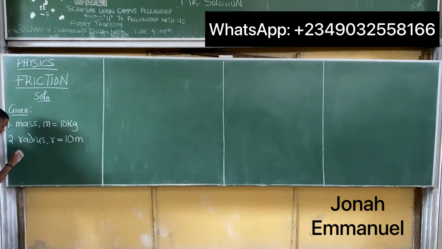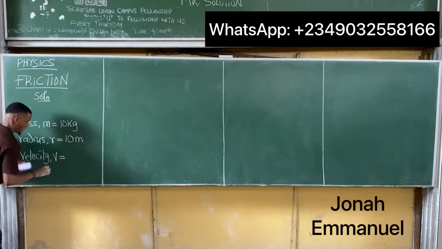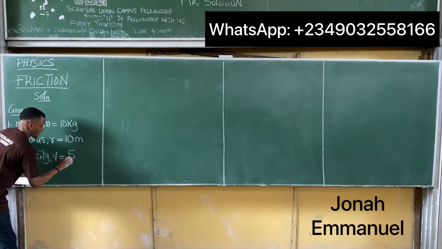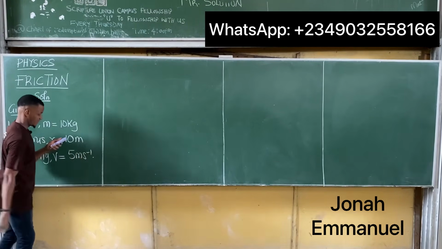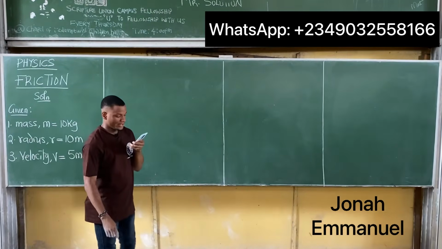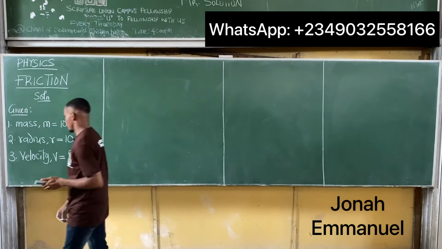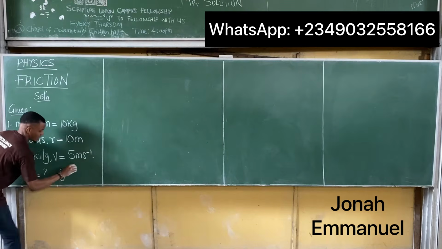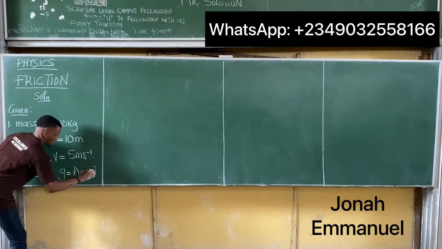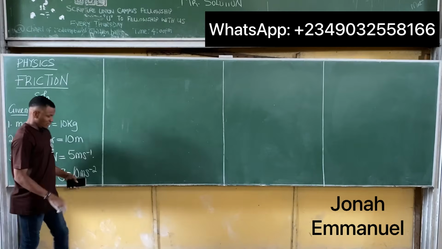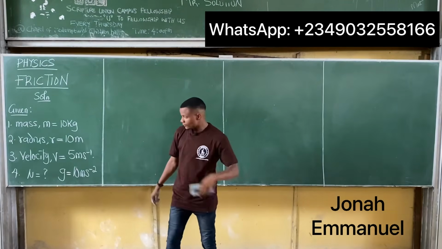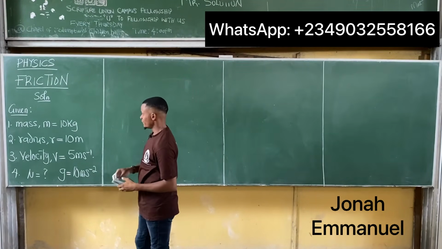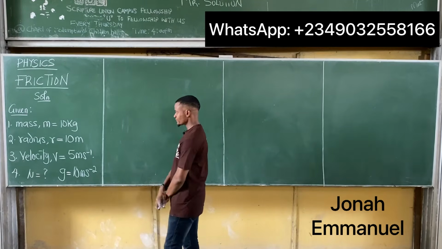Number 3, I'm given velocity V as equal to 5 meters per second. We said find the coefficient of friction. Number 4, the coefficient of friction mu is equal to unknown. G, as said, is 10 meters per second square.